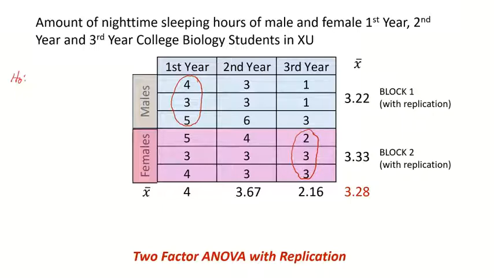And of course, in a two-factor ANOVA with replication, it's important to take note also of the interaction between your blocks. So your third null hypothesis might be that there is no interaction between the males and the females in terms of sleeping hours.